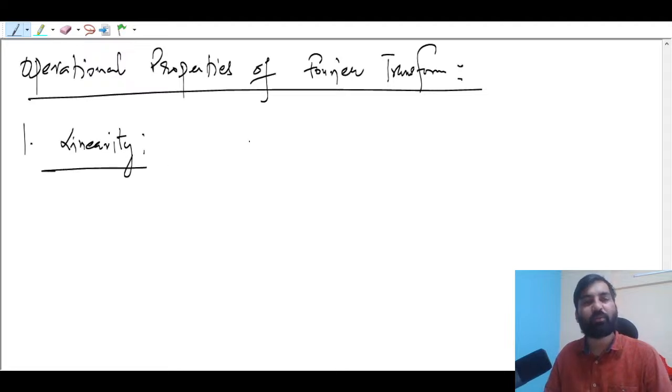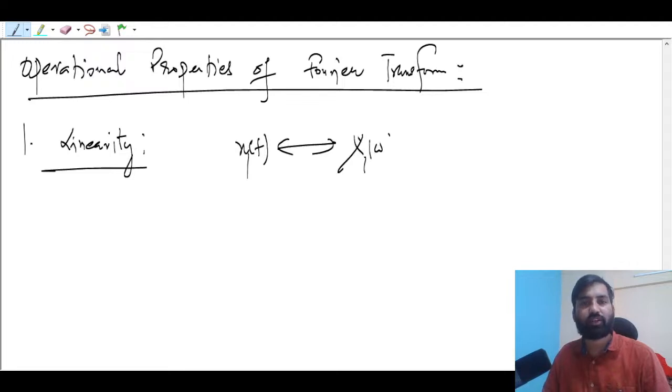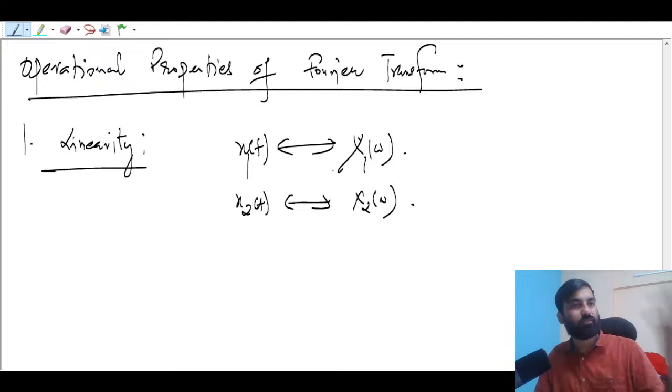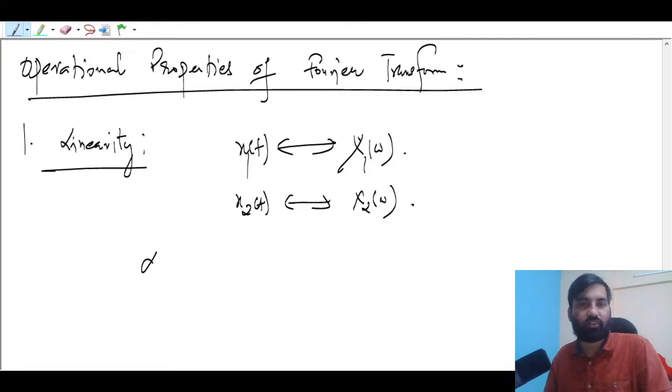What is linearity property? Suppose you have got x1t has the Fourier transform x1 omega, x2t has the Fourier transform x2 omega. So you can multiply by any scalar constant, so alpha times x1t. Suppose a combination is given and you have to find the Fourier transform, so you can find the individual Fourier transform, right?